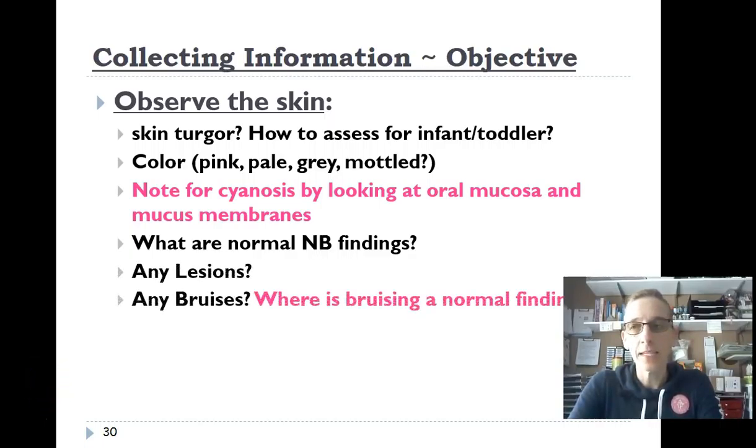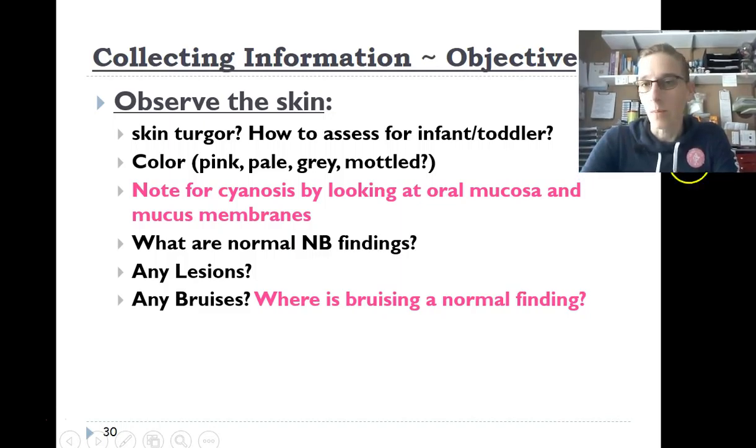So you're looking for any lesions. They may have some lesions from maybe a cesarean section, and the scalpel accidentally nicked one of their buttocks or a shoulder. Any bruises. You know, where are bruises normal findings for any children?